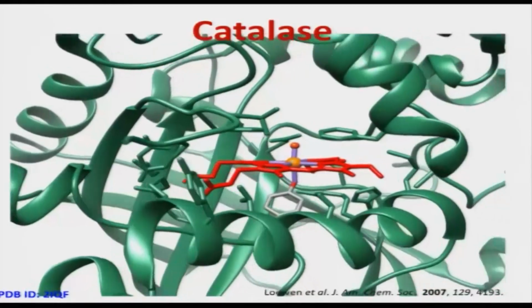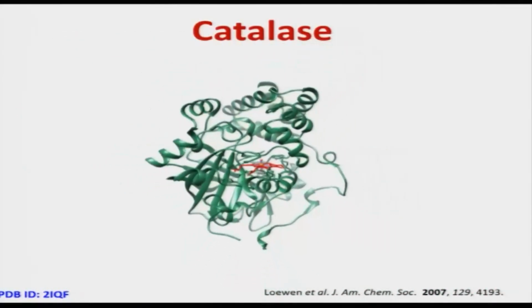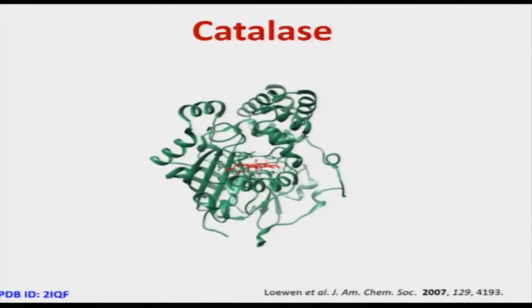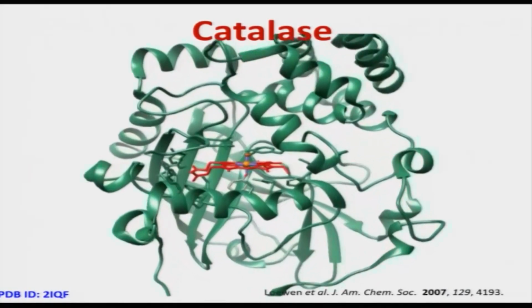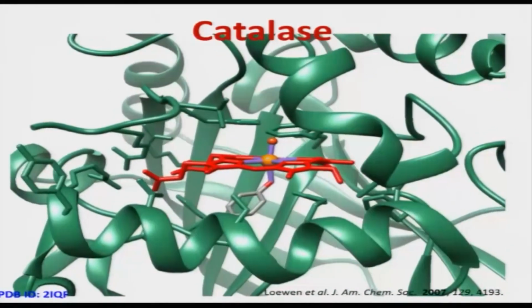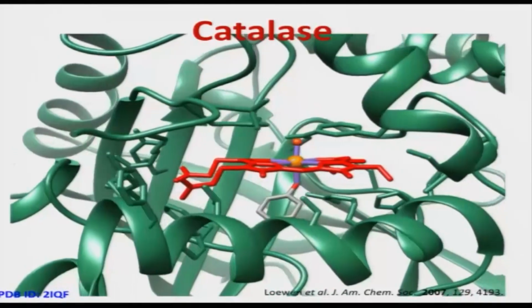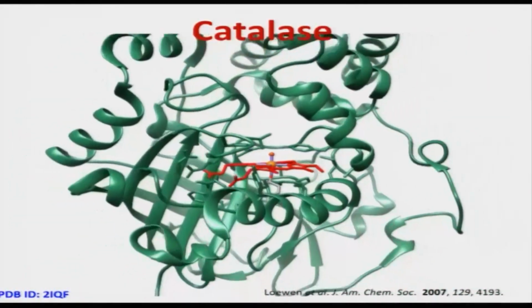As one can see, the heme center is sitting at the center in red color, and a huge amount of protein is wrapping the molecule.